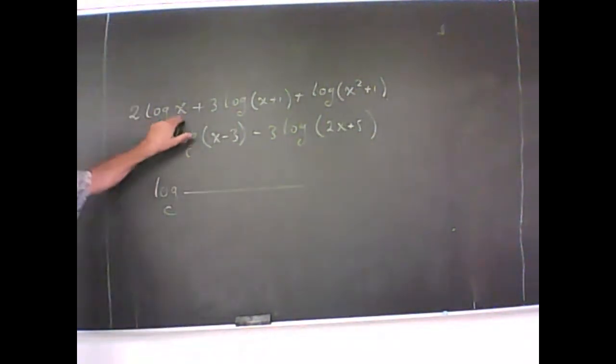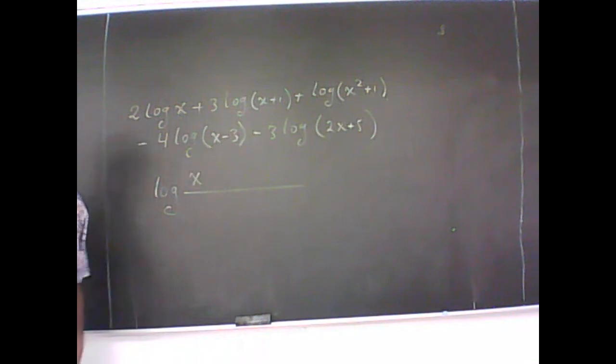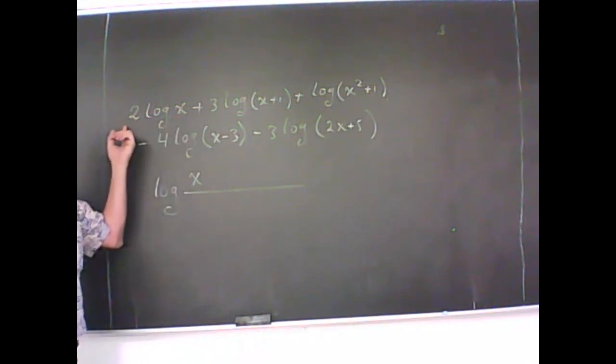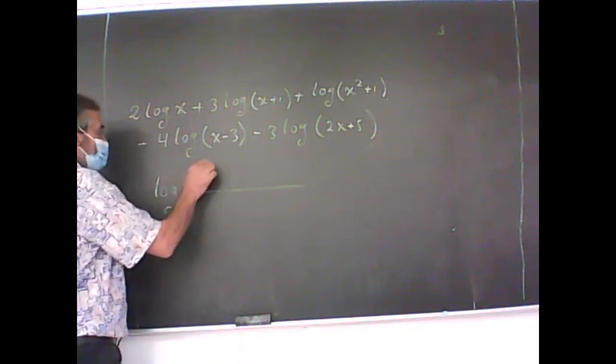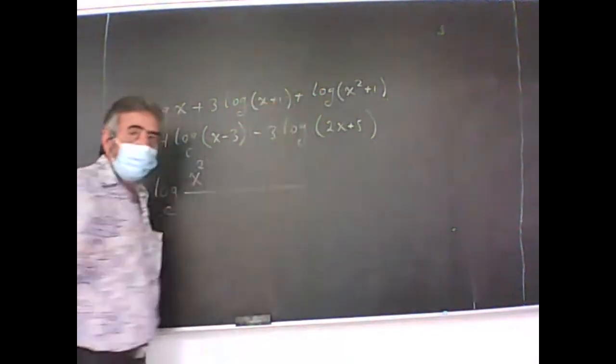So the first log is x. So x on top. How many x do I have? Based on that, it's x squared. So I'm just going to put a square right there. The next log is for x plus 1.